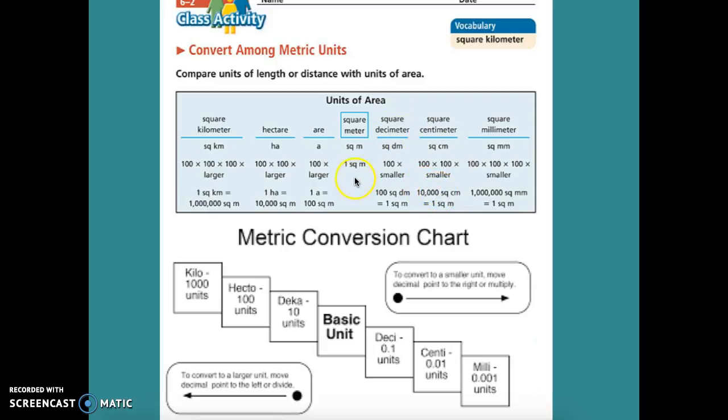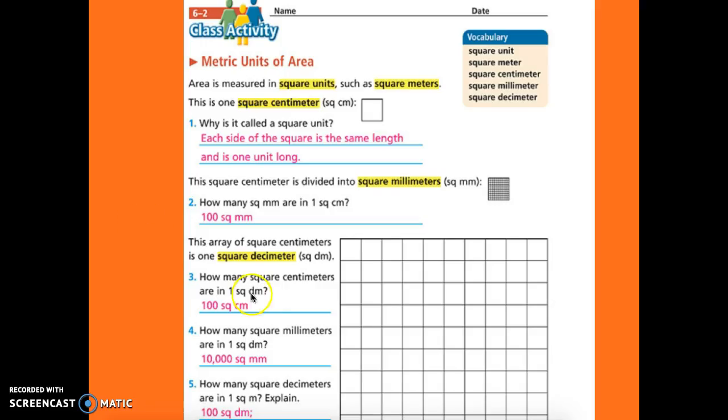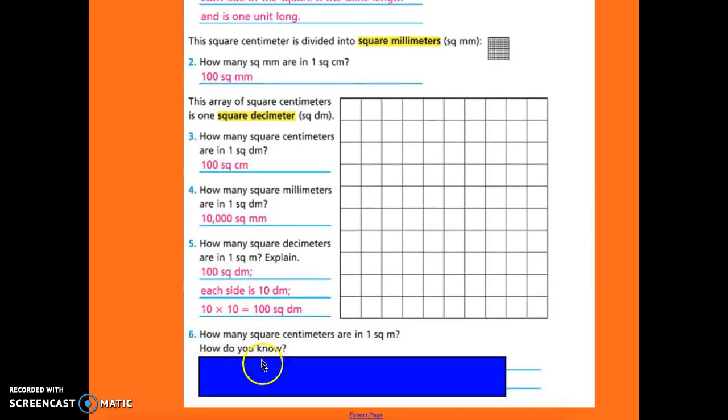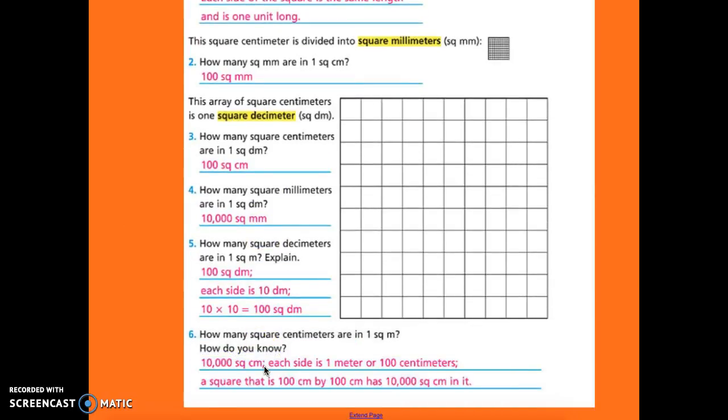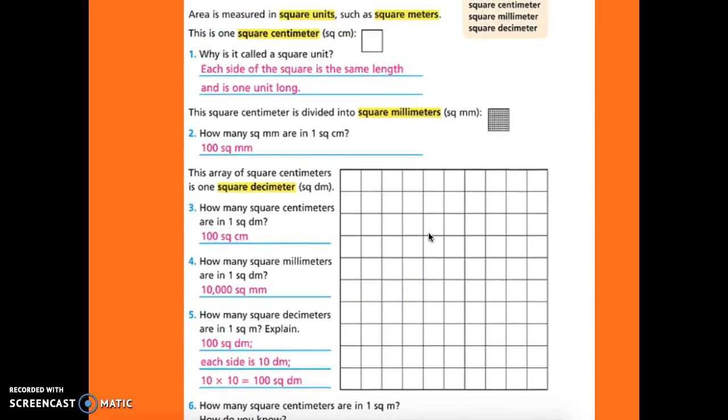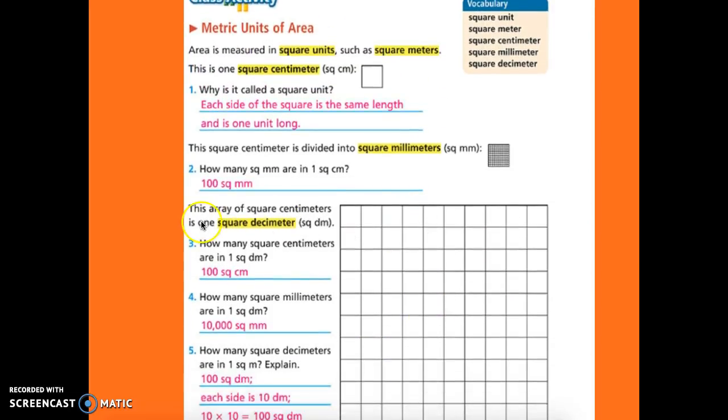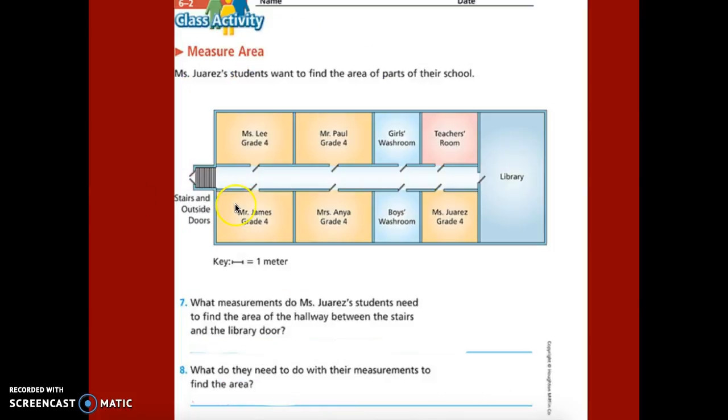So in 1 square meter, there are 10,000 square centimeters. So you can see that that's a huge number that we're looking at when we're talking about the square area of a shape. Okay, good.